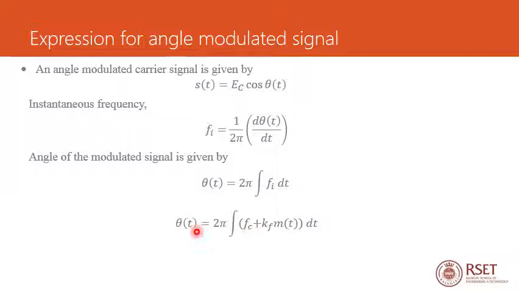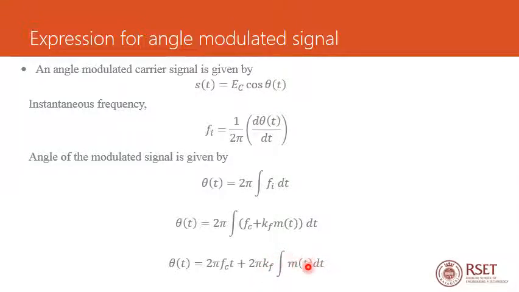So theta of t is equal to 2 pi integral Fc plus Kf into m of t into dt. In this equation, both the Fc and Kf are constant. So we can take this Fc and Kf outside from this square bracket. So this theta of t becomes 2 pi Fct plus 2 pi Kf integral m of t into dt.